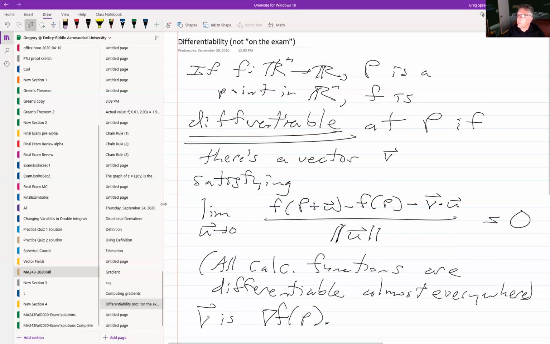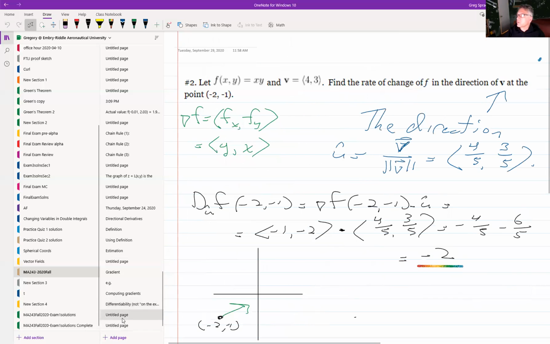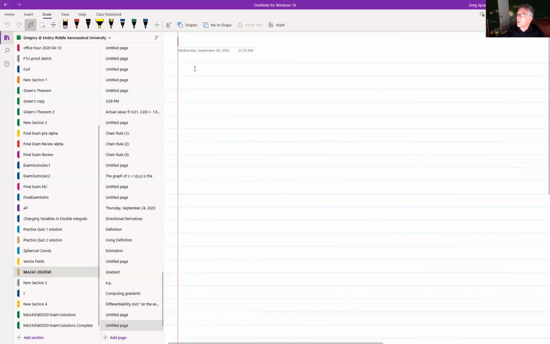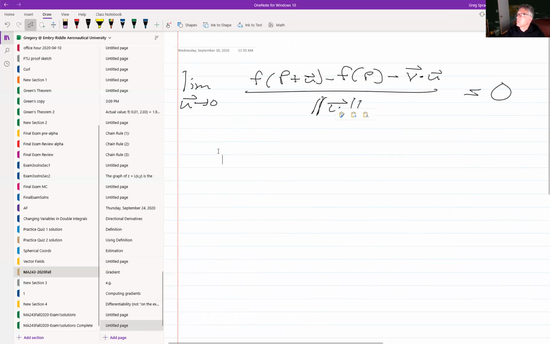So let's take that limit and let the vector U go to 0 in the i direction.